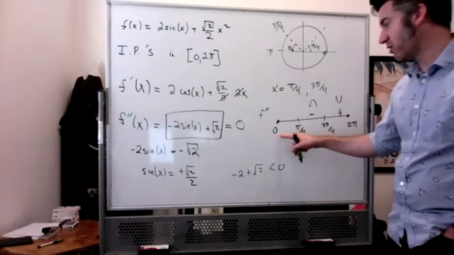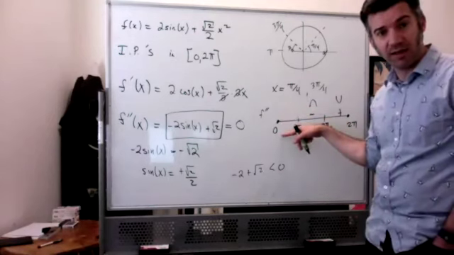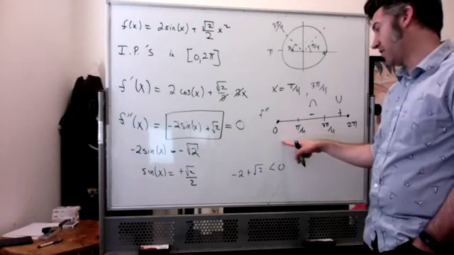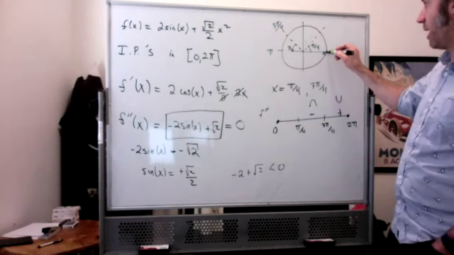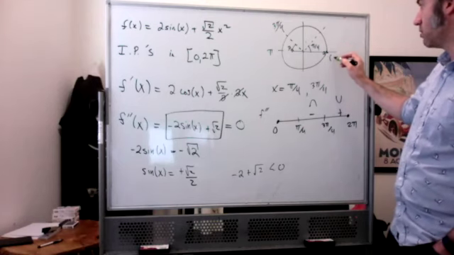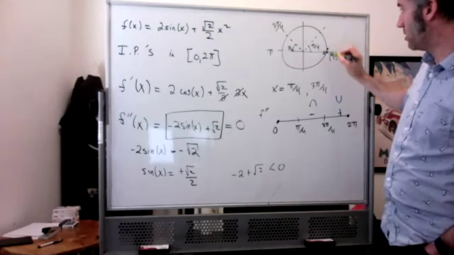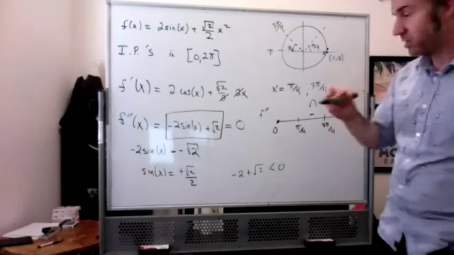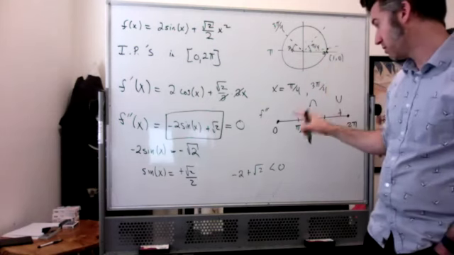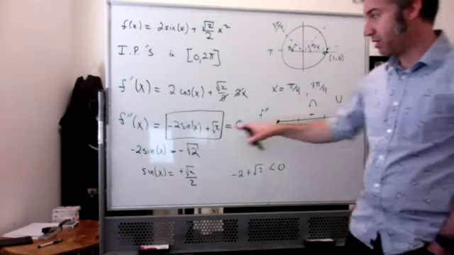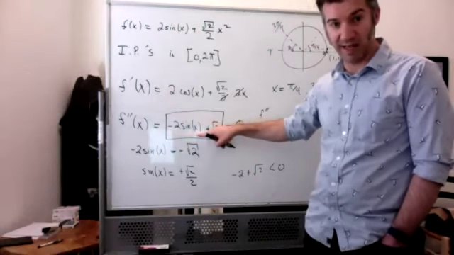Now, between 0 and pi over 4 is kind of tough. I don't really think it's a good idea to pick the endpoint, although it's probably safe here. I would just say that I know that between 0 and pi over 4, sine is small, right? I know that sine of 0 is 0. And sine of something just a little bit bigger than 0 is still very, very small. So if I pick an angle that's slightly positive, so I'm somewhere in this interval, this is going to be very, very small and negative.